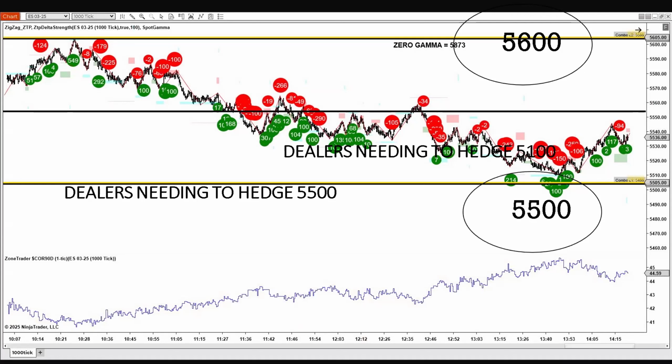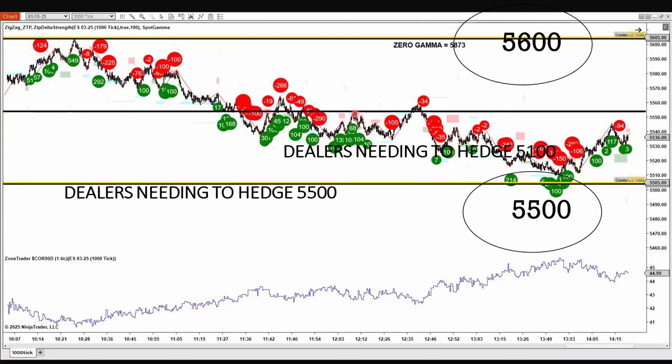This is what is happening from 11:27, which is right about here, to 12:12, which is right about here. You see all these large delta strengths, and it's likely that these puts, which are now fully in the money if they were at 5,550, are being rolled lower because they're worth a lot of money now.